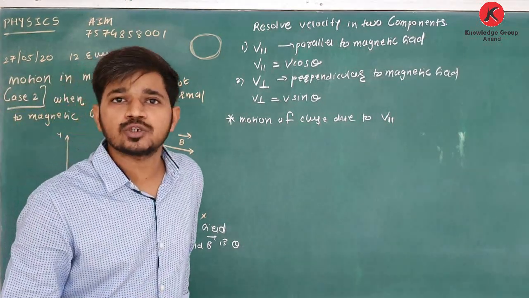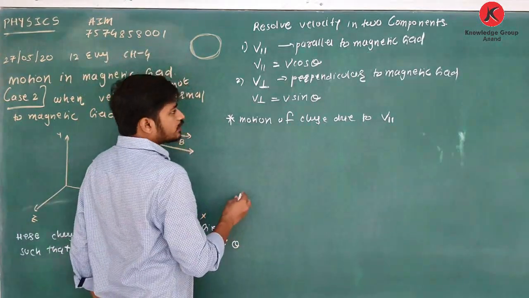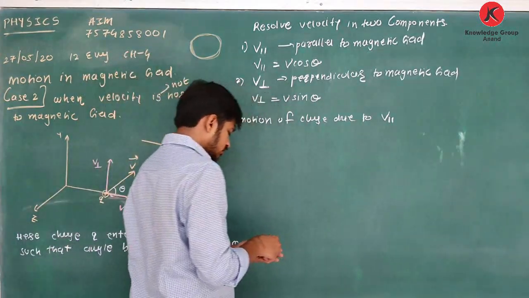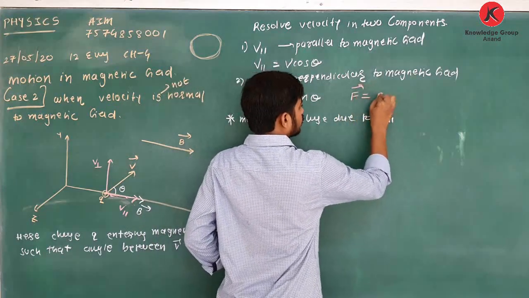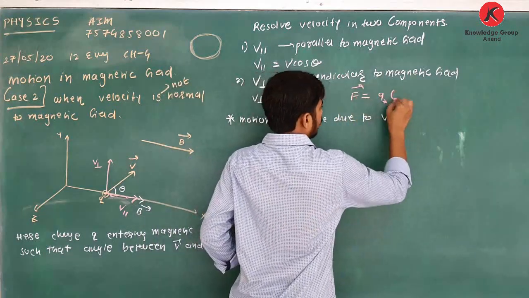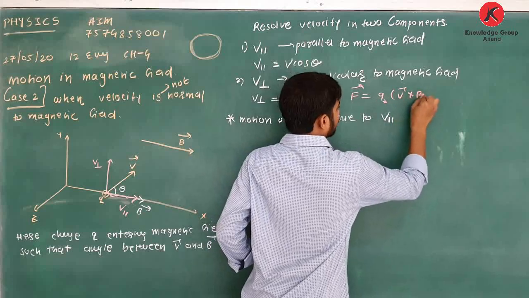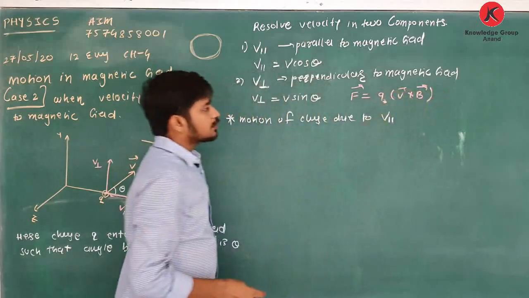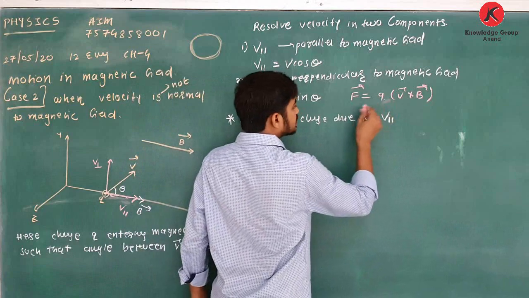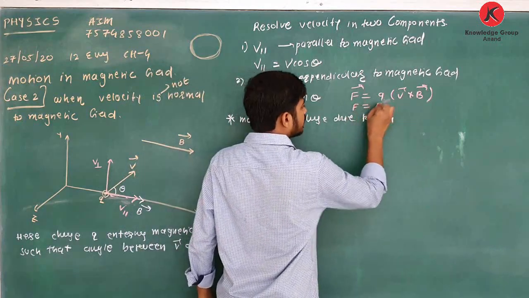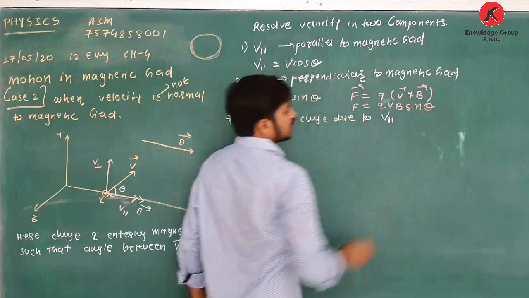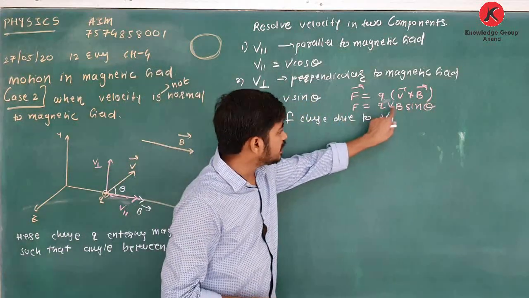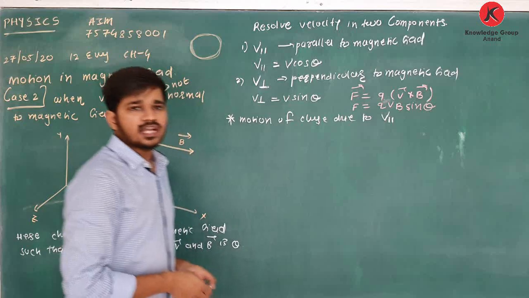We know that the equation of force is F is equal to q v cross B. And its magnitude is F is equal to q v B sin theta, where theta is the angle between v and B.